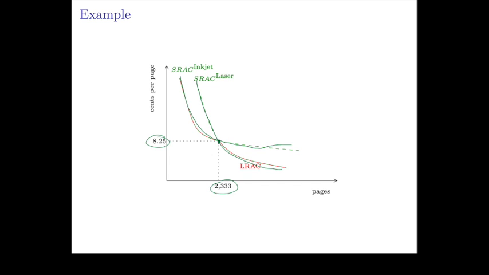And so for any quantity below that, your average cost is going to be given by the inkjet average cost. Any quantity above this level, you're going to have the long run average cost be given by the average cost of the laser printer.